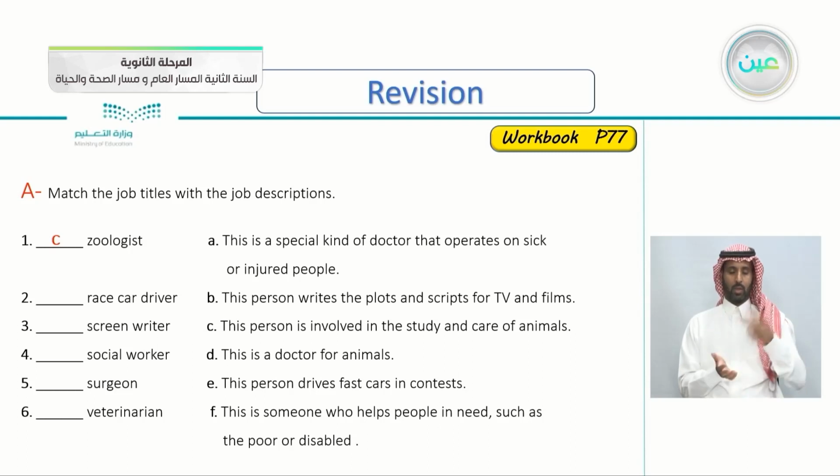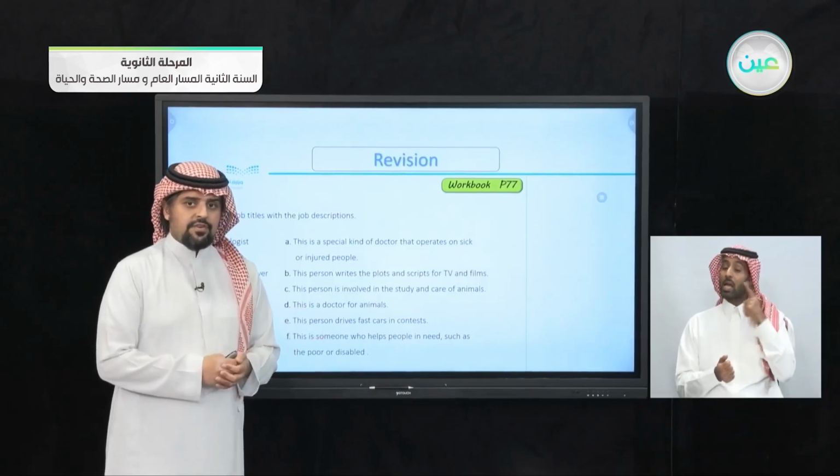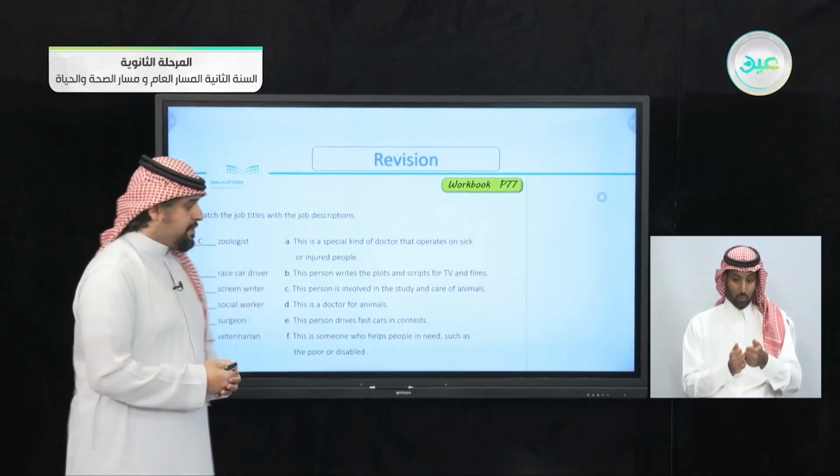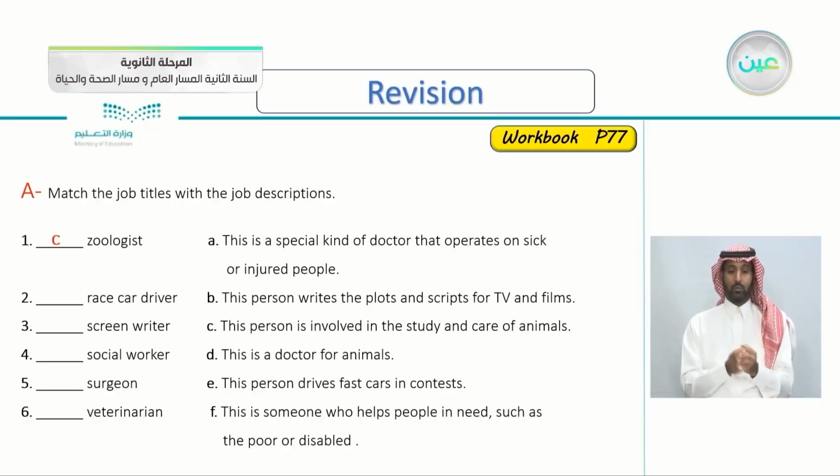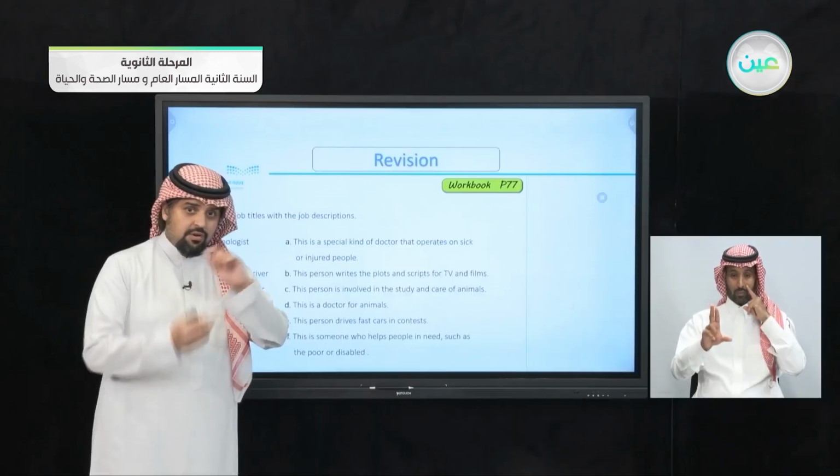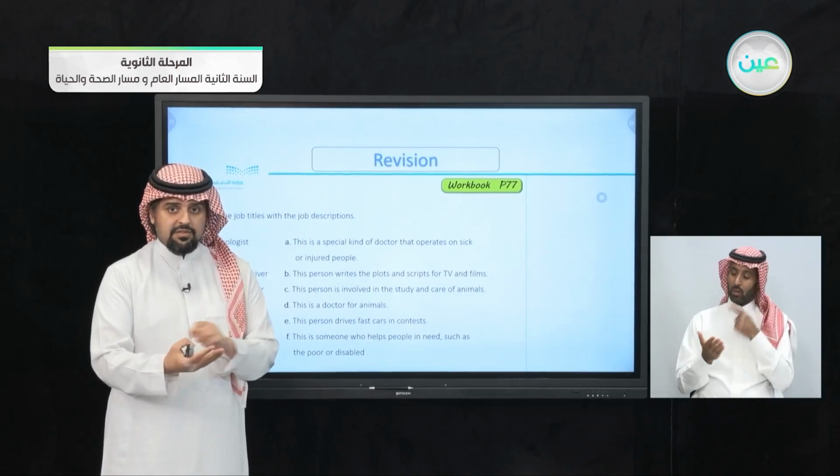Number 2, race car driver. From the term itself, race car driver, of course you can guess the definition here. So this is an easy one. Which one is it? Yes, of course, it's the letter E. This person drives fast cars in contest. Of course, fast cars. Number 3, screenwriter. Of course, he doesn't write on the screen itself, but he writes on paper.